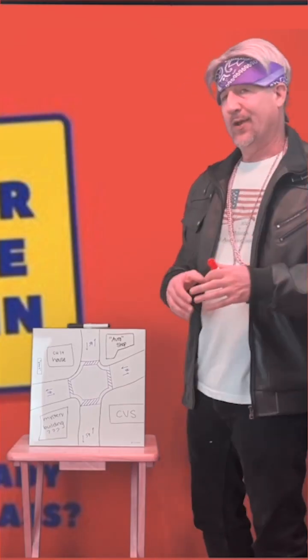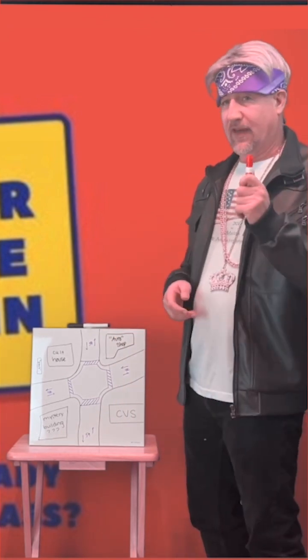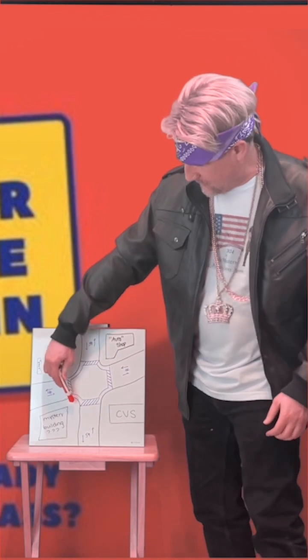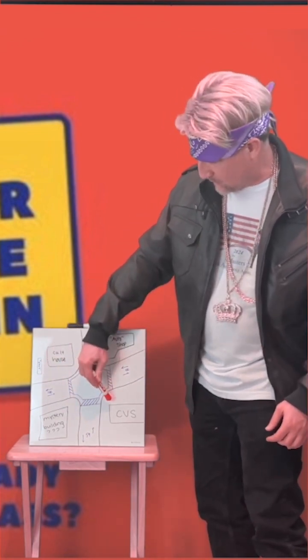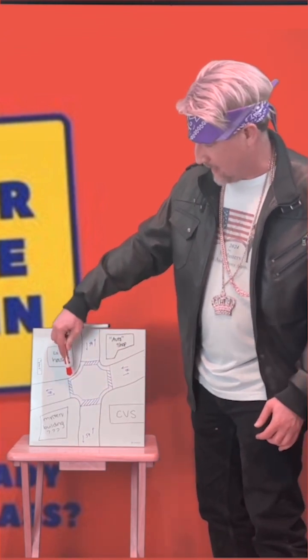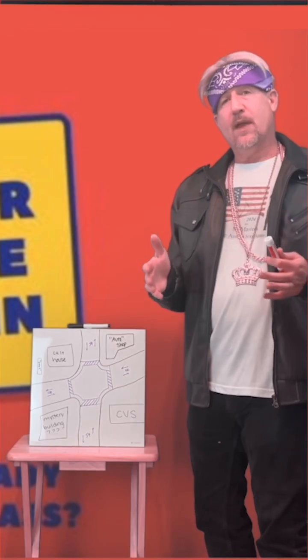Now, we've all been in instances and situations like this before. We've all seen these crosswalks. Now, I think we've all noticed that you never see someone crossing the street diagonally this way, nor do you see someone crossing the street diagonally this way. It's always at a 90-degree angle to the main street.